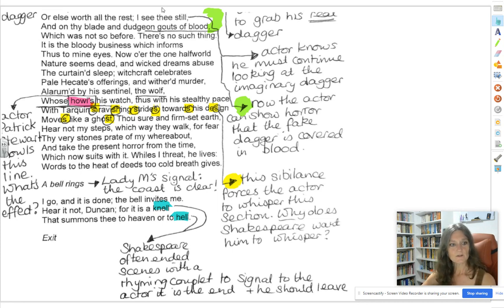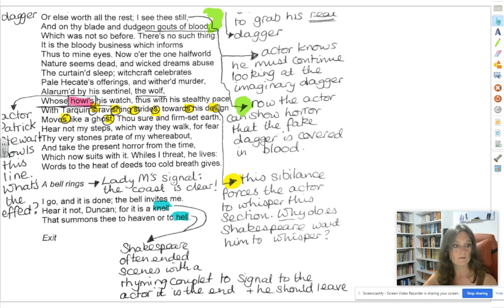Let's have a look. Now, Shakespeare also uses language techniques to really help his actors as well. In this bit, where it goes back to stealthy pace: "even thus with his stealthy pace, with Tarquin's ravishing strides towards his design, moves like a ghost."